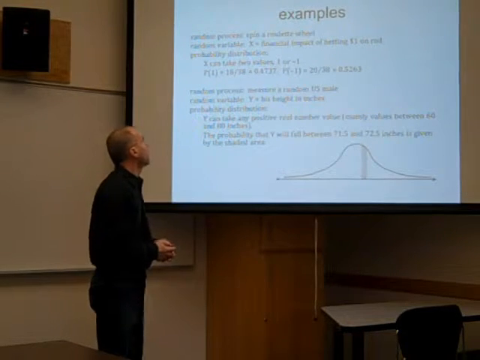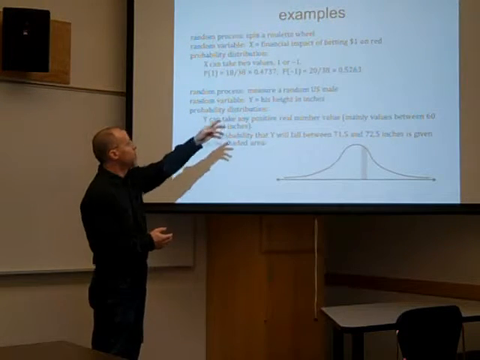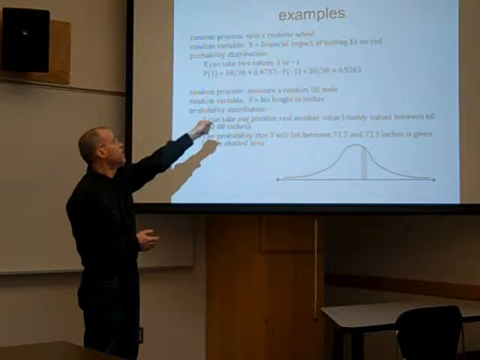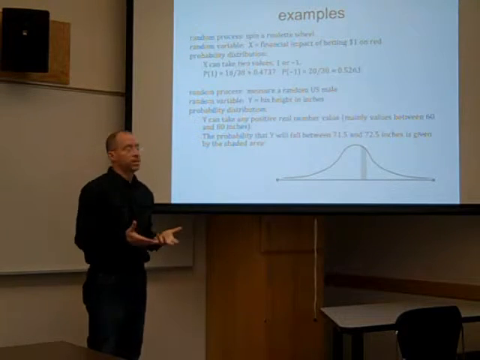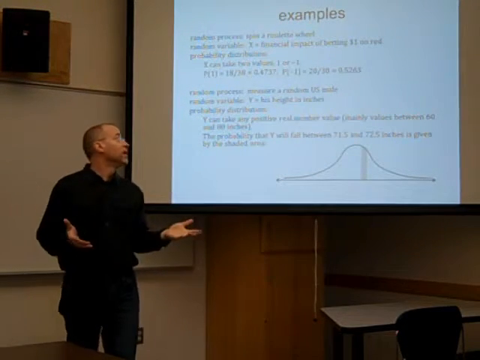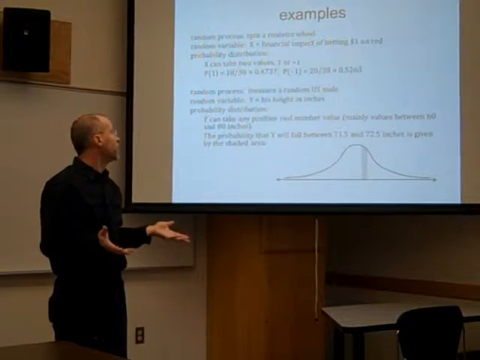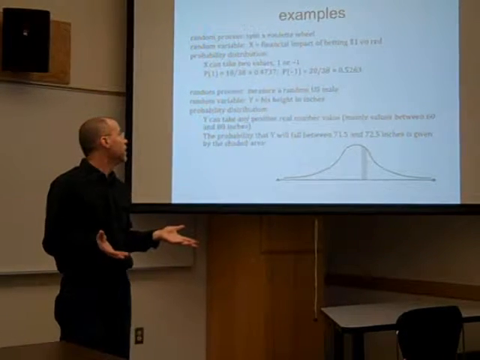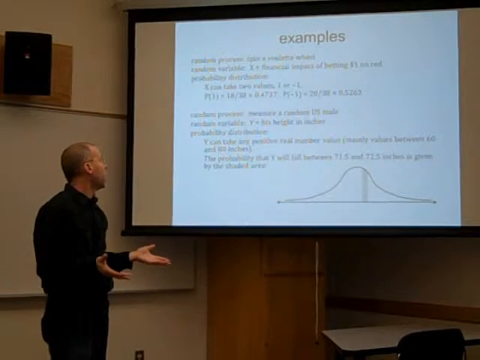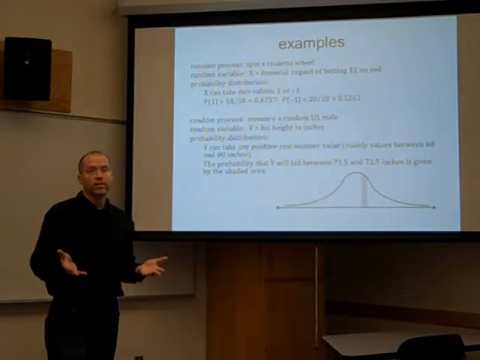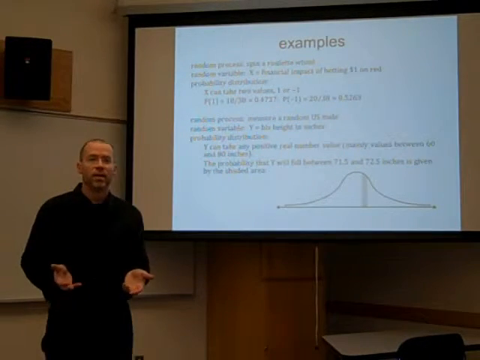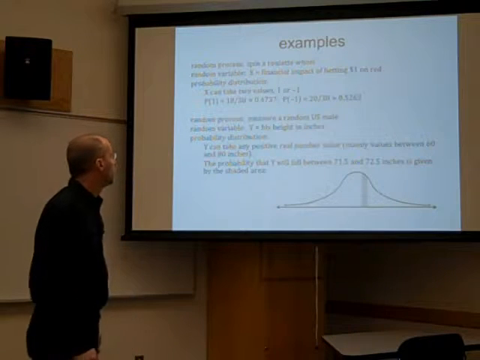Well, if you make a $1 bet on red, there are two possibilities. You either land in one of the 18 red slots on the roulette wheel and you win $1, or you land in one of the 20 slots that are not red and you lose $1.